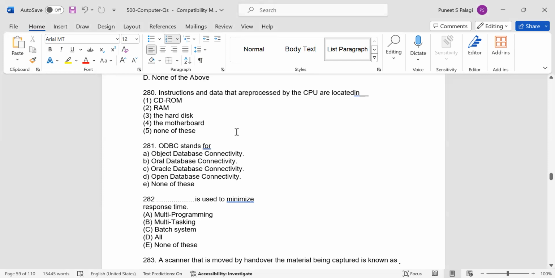Instructions and data that are processed by the CPU are located in RAM.